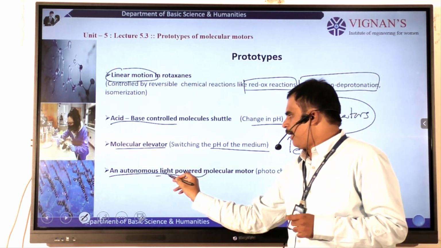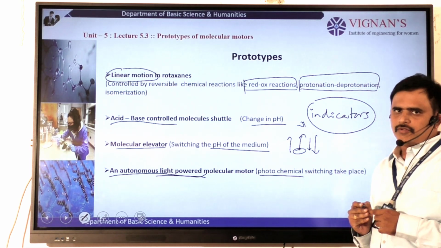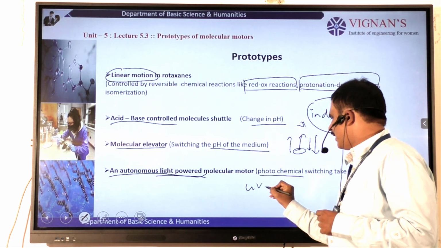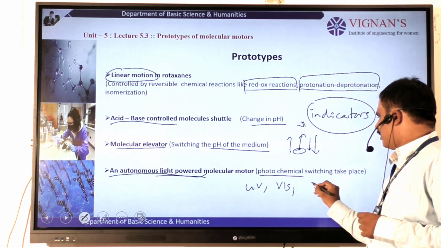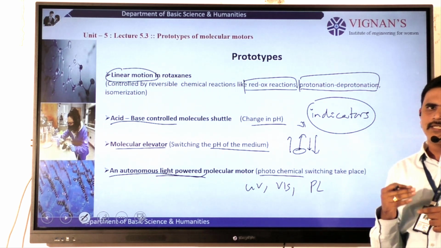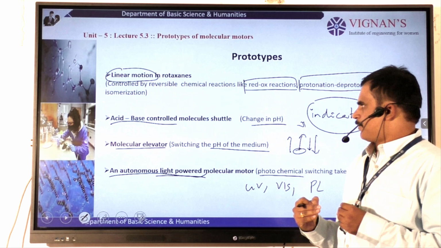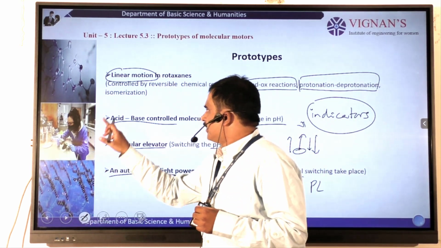With the help of light, like photochemical reactions using UV light, visible light or polarized light, the molecule can change the structure of substances. Now let us see them one by one.